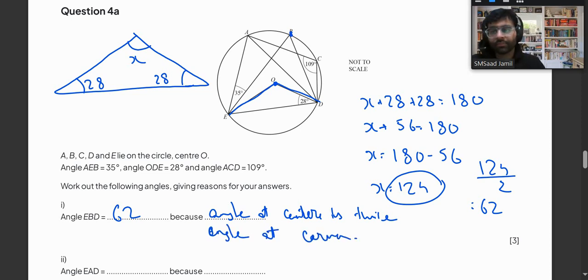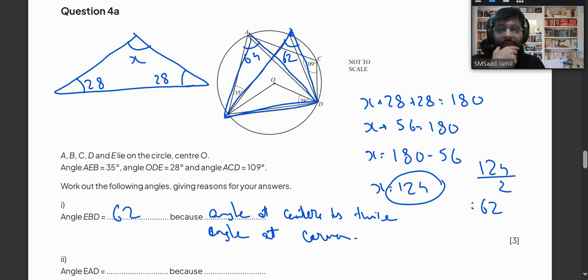This is the reason. So look, angle EAD, if this angle is 62, this angle is also going to be 62. Why? Because look, B is coming from E and D, and this angle is also coming from E and D.